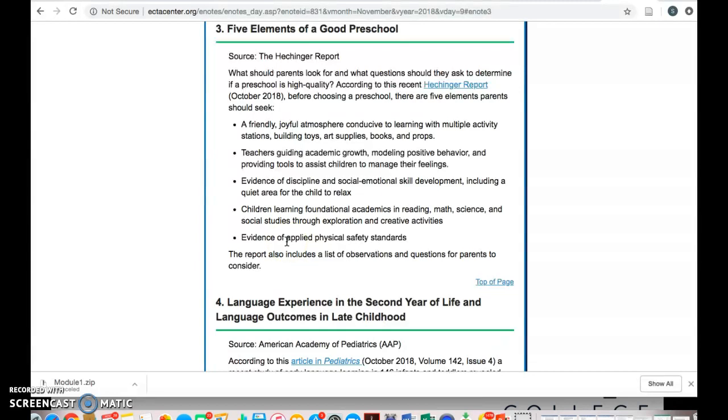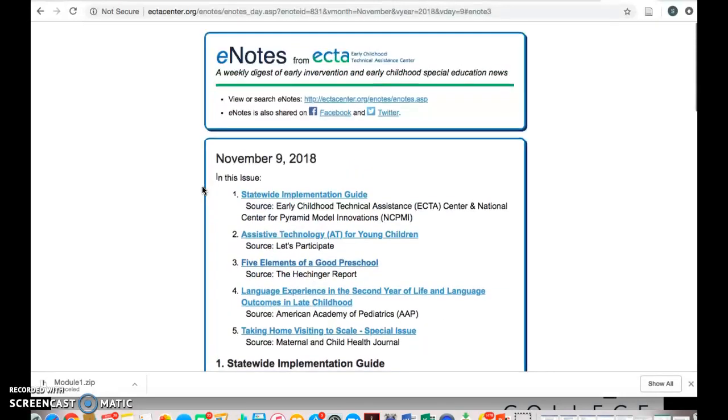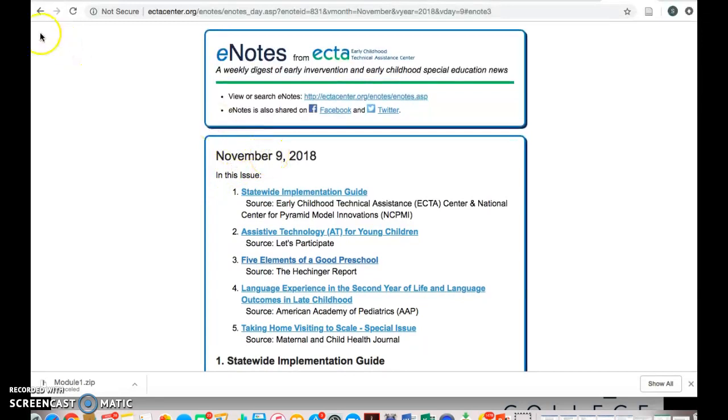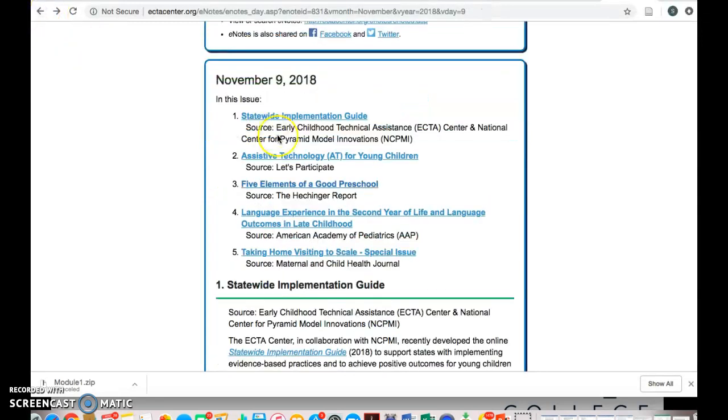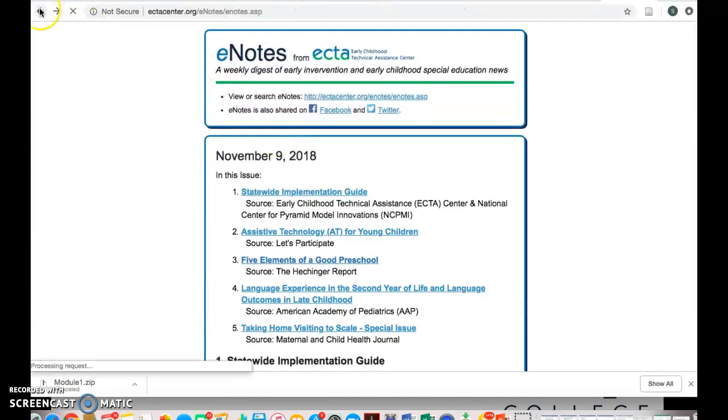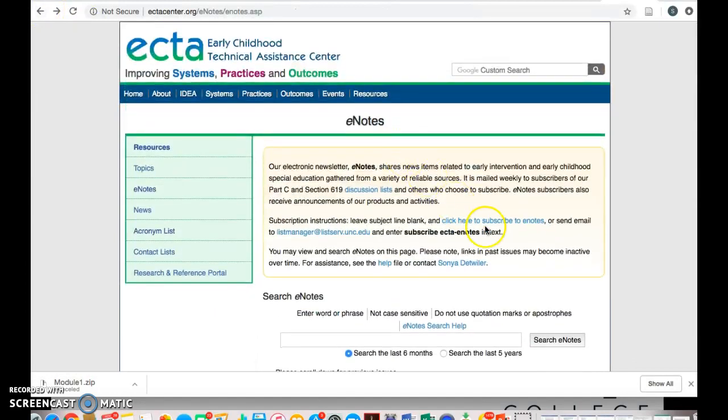This directly connects to you and what your program should look like, or the programs that you're going to work in and around, depending on what you do after you're done here at Hope. So I encourage you to go to this website and click on resources and sign up to subscribe to eNotes.